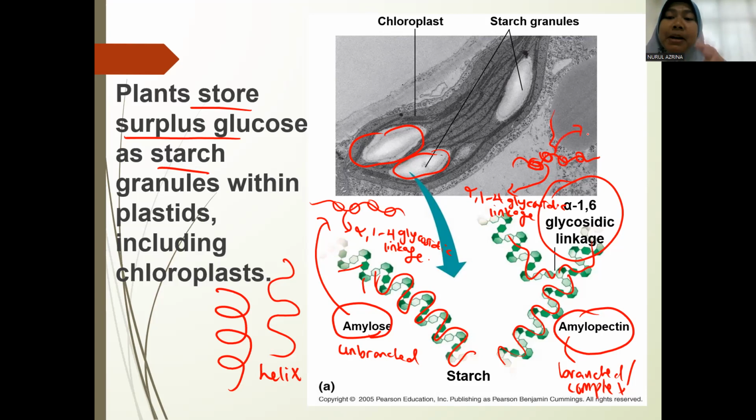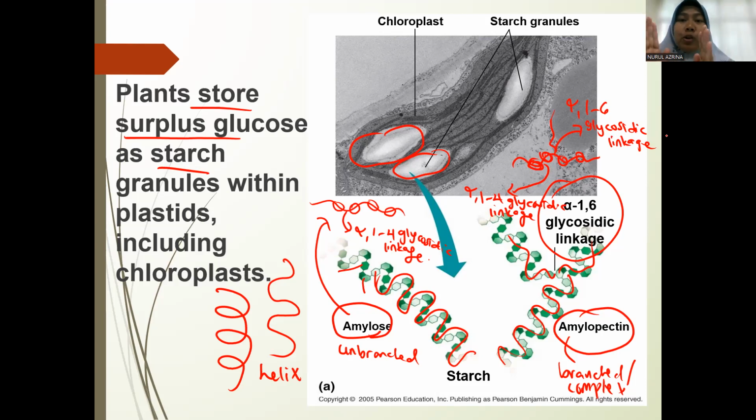Yang tempat dia bercabang dia akan membentuk ikatan alpha 1,6 glycosidic linkage. Kenapa 1,6? Sebab dia melibatkan carbon number 1 dengan carbon number 6. Okay? Right? So ingat beza tu.